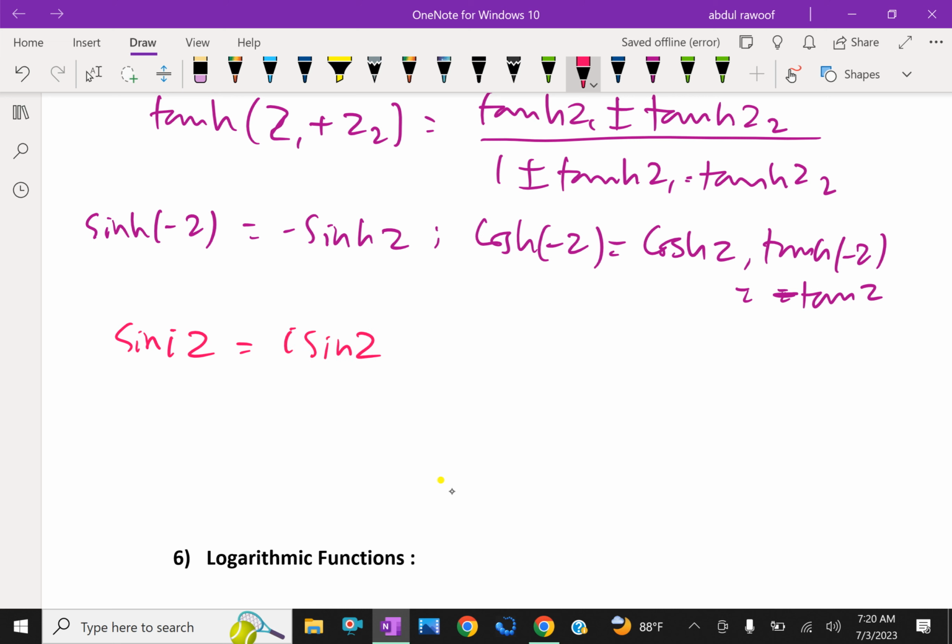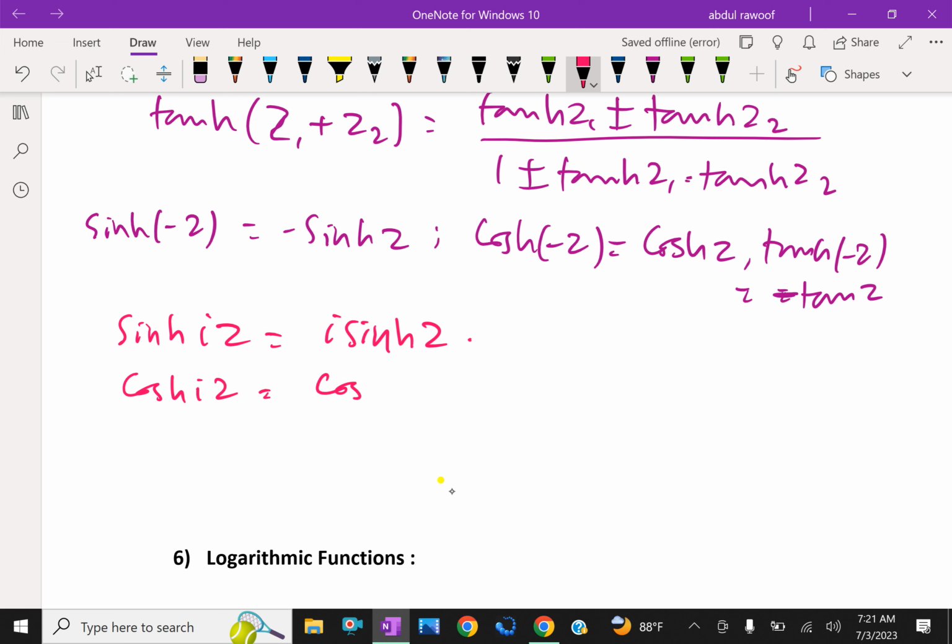Remember this, i comes in front. Same, sin h of iz equal to i sin z.